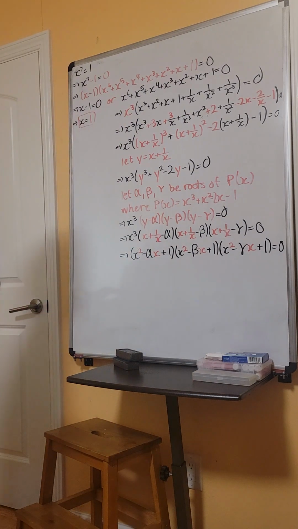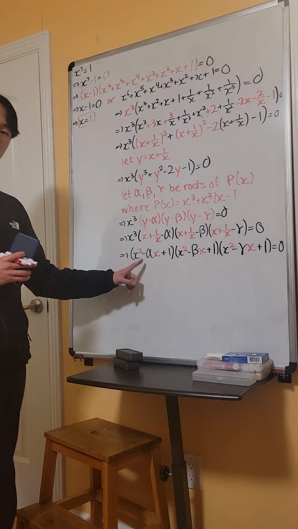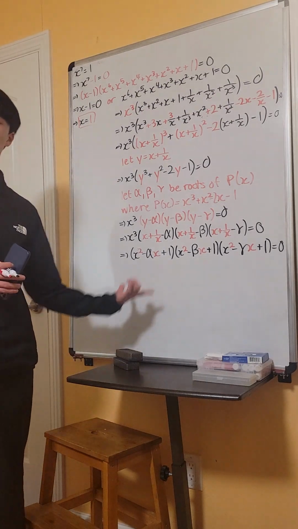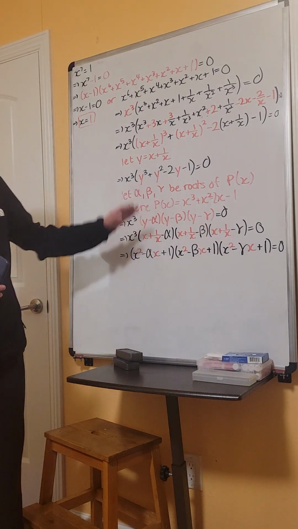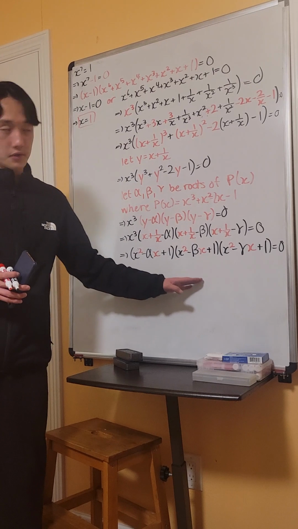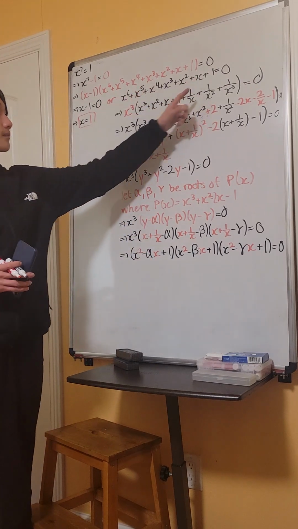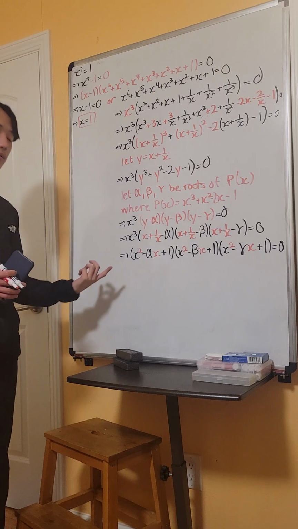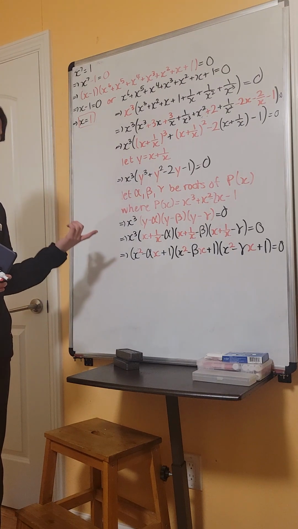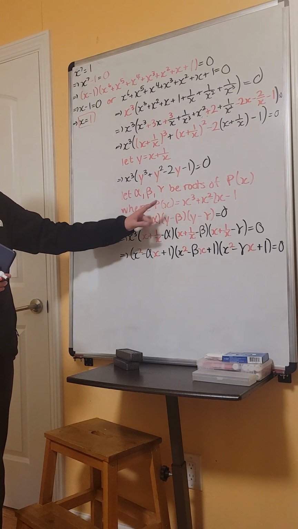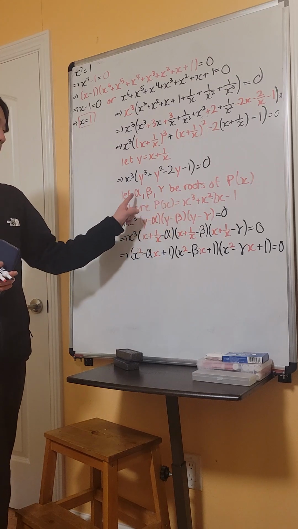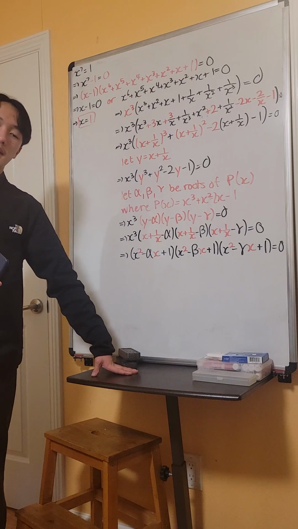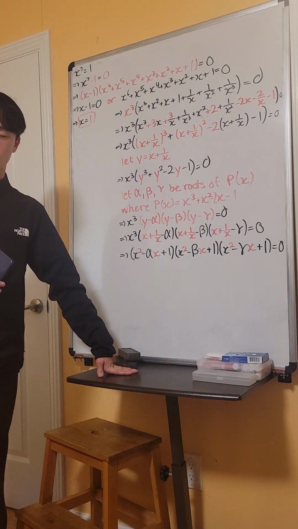Okay. You can look up what the value of alpha, beta, and gamma are in their exact form, and then you can complete the square for each of these quadratics, and then you find the 6 solutions that come from this. But I'm going to leave that as an exercise to the viewer, since the exact form of these 3 numbers, the roots of p of x, are pretty horrendous, right?